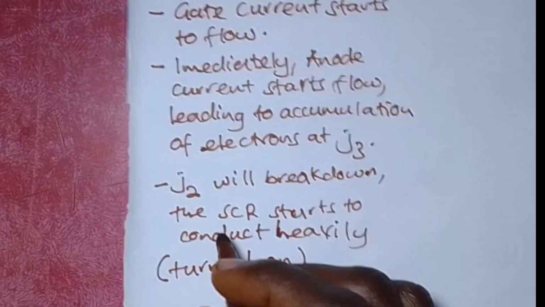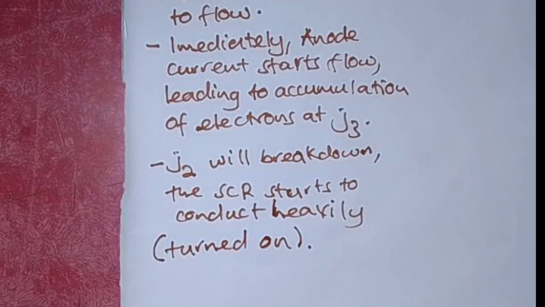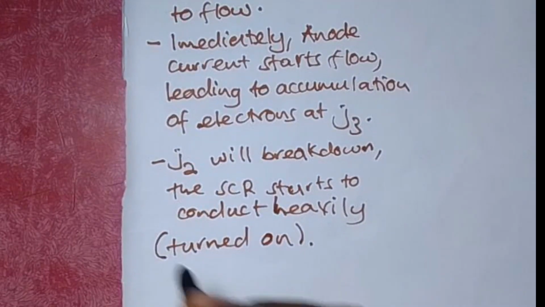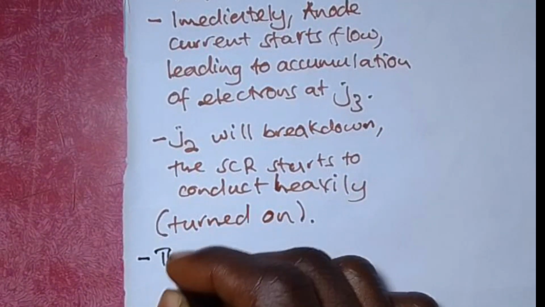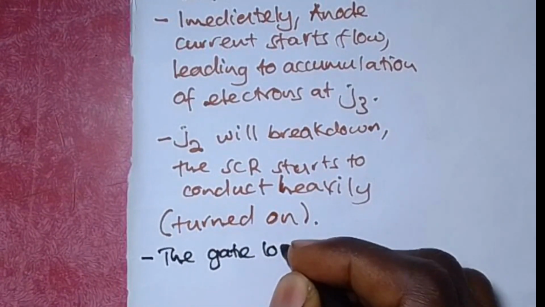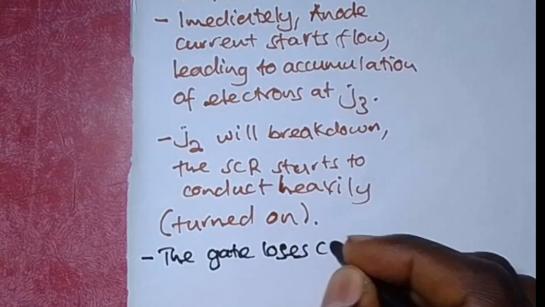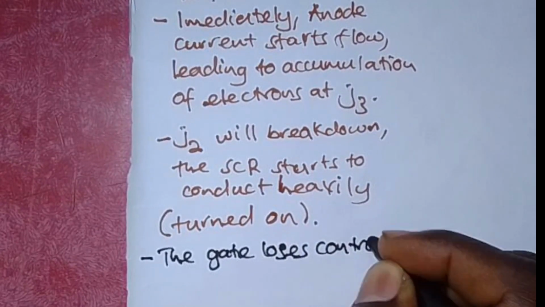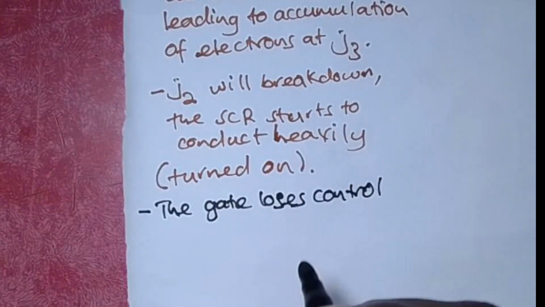You get it? So when the SCR starts conducting heavily, it is said to be turned on. Now at this point, the gate loses control, and if the gate loses control, what happens?